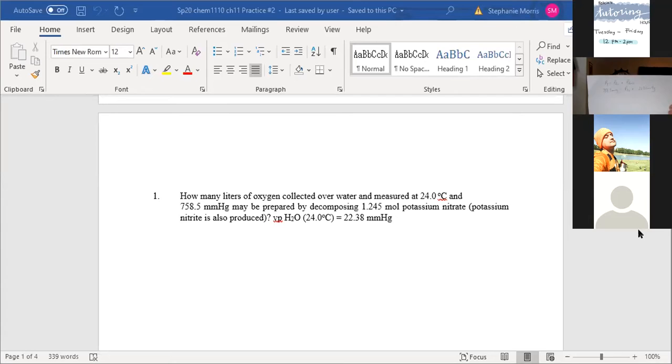If it says collected over water, my total pressure is the big number given. My water vapor pressure was the little number given. I'm going to have to say this minus that to get my pressure of oxygen. That's step 1. So I'm just going to go ahead and cheat a little bit because I won't have to write all this stuff out.